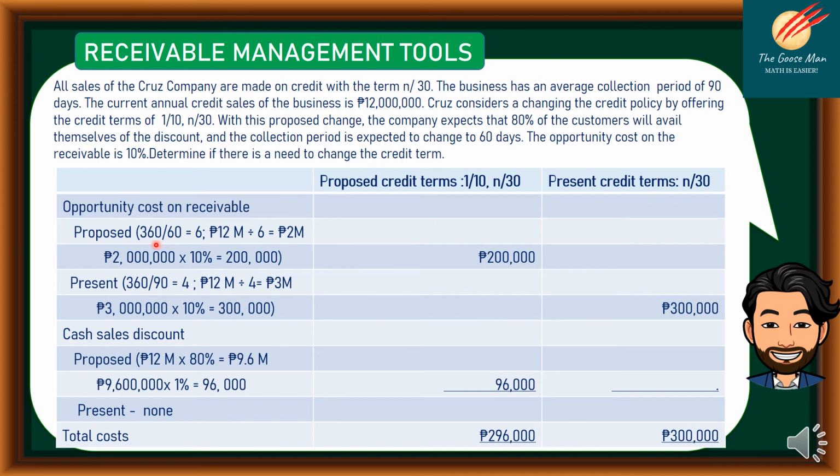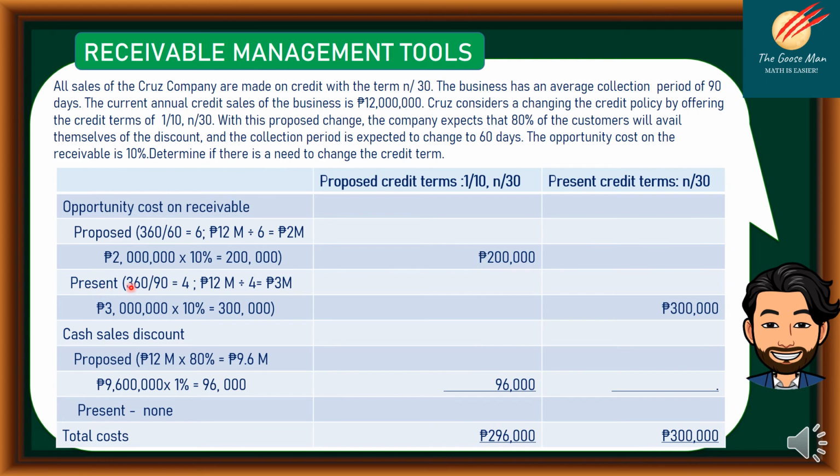Approximately there are 360 days in a year, so we will have our average collection of 6 times a year. And 12 million divided by 6 is equal to 2 million. Meaning to say each collection period is amounting to 2 million. But take note there's an opportunity cost of 10%, so 10% of 2 million is 200,000. So we have the proposed credit terms of 200,000.